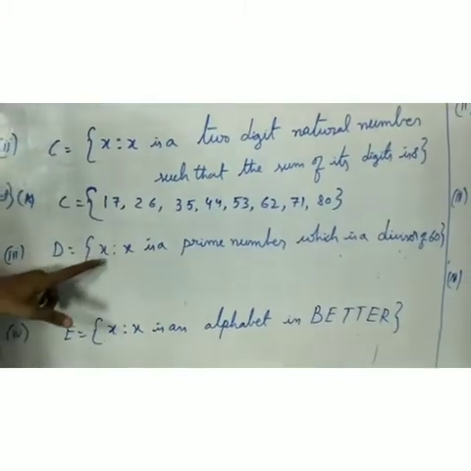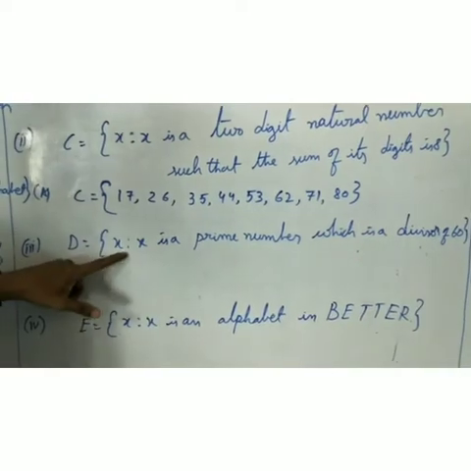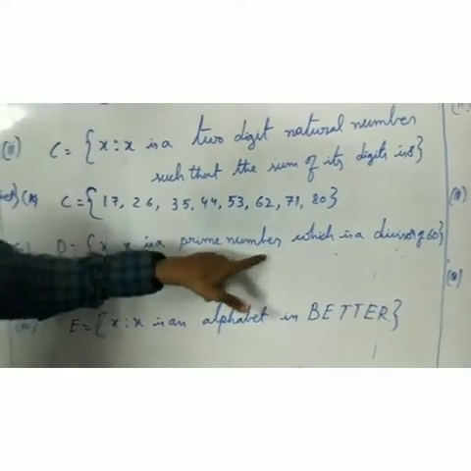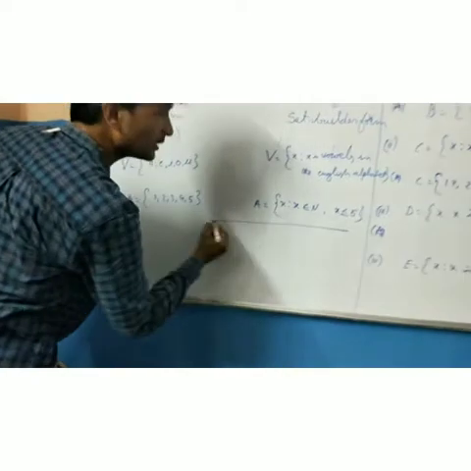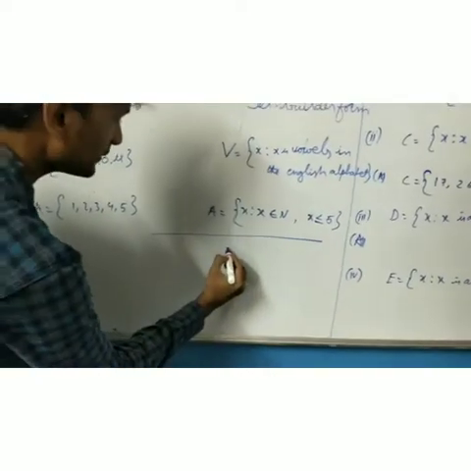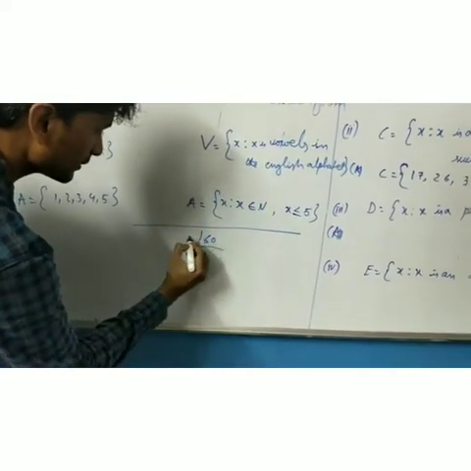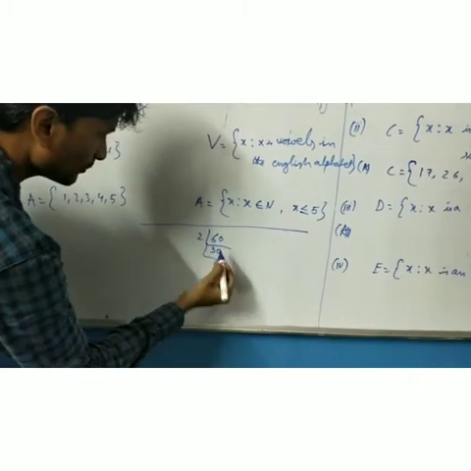So D equal to the set of x such that x is a prime number which is a divisor of 60. Divisor of 60 means, once we check in rough work, what are the divisors of 60? Prime factorization, we already know. x is a prime number, they are asking.